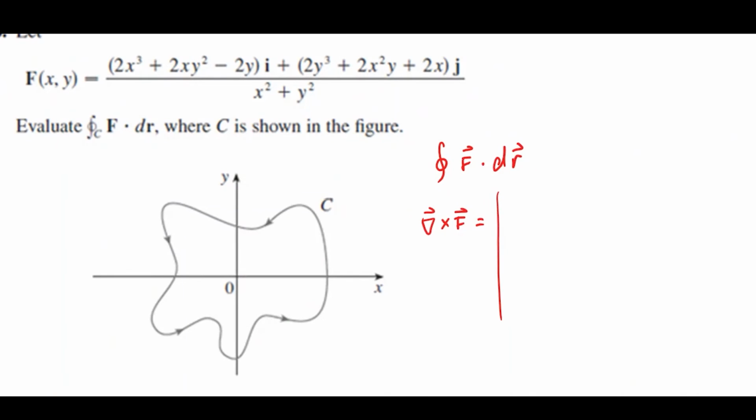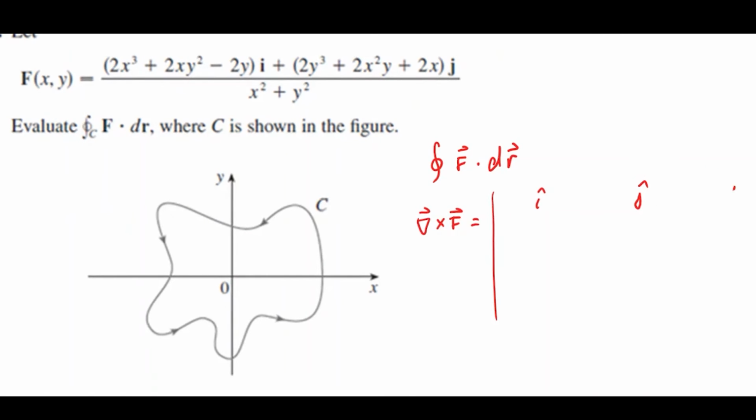Holy cow. That is awful. I, J, K out here, like that. So the x component is 2x cubed plus 2xy squared minus 2y. Not that. Hold on. Let's put that thing here, and this is the partial with respect to x.